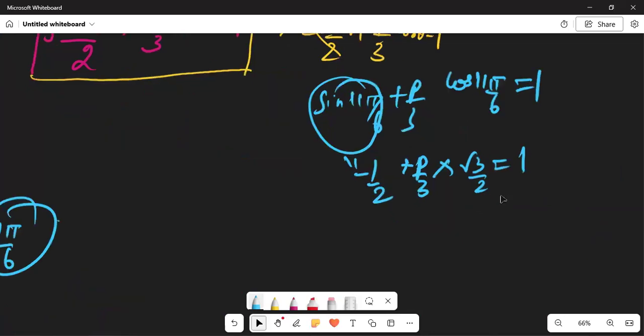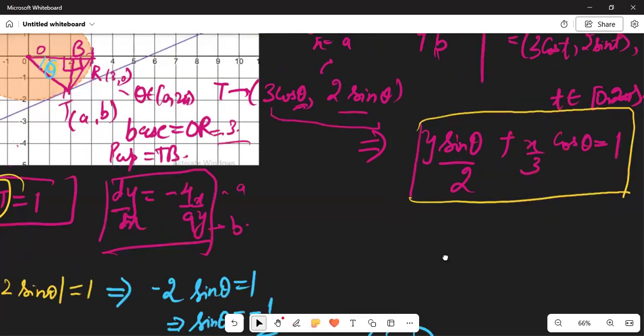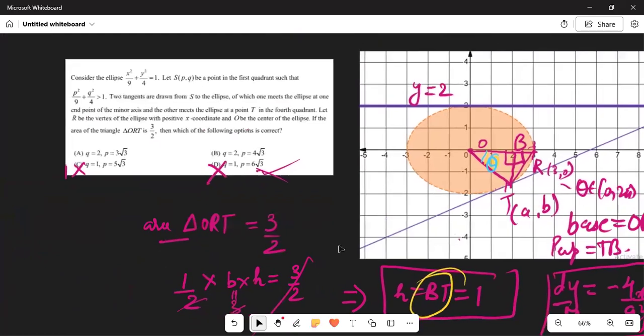Solving for p, you get p equals 3 root 3, which is the final answer. And as calculated earlier, q equals 2. So the coordinates of S are given by (3 root 3, 2). So the answer is A.